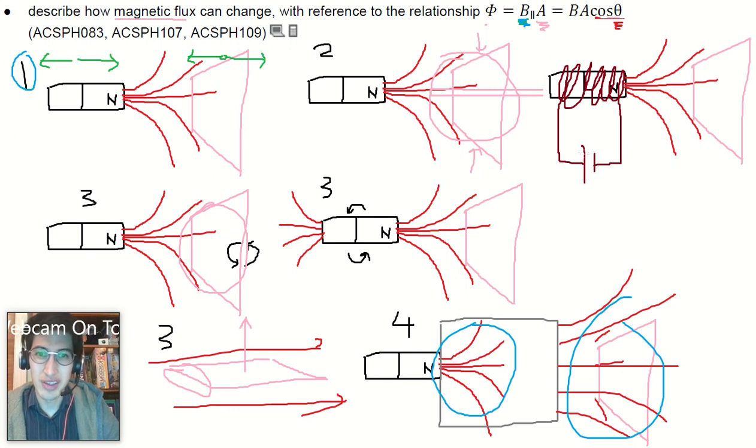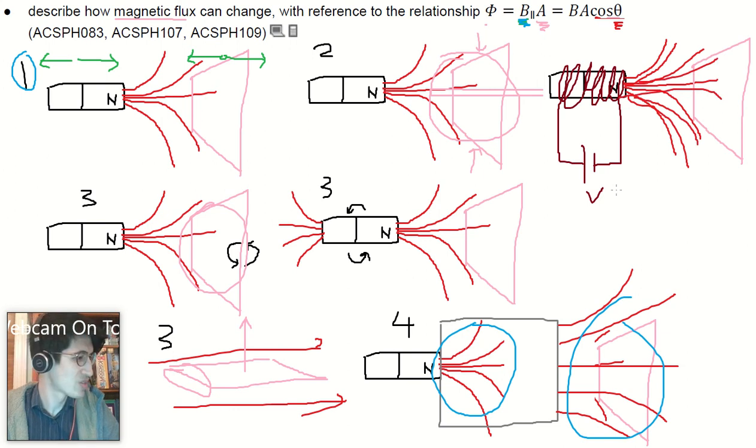The strength of the magnet depends on the amount of electricity going through. It depends on the current. So say if this is attached to a power pack, if you increase the voltage on this, that's going to increase the strength of the magnetic field. So more field lines are going to be coming out, and that's going to be changing the amount of flux as well. Increasing or decreasing that will do it.